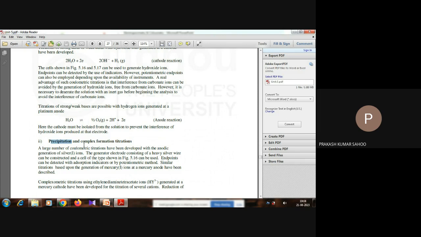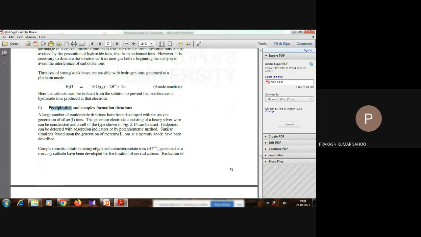This will be your complexometric titration, where complex compounds are formed with multidentate ligands like EDTA. Here it is written ethylenediaminetetraacetate ion, EDTA. It is used for complex formation.